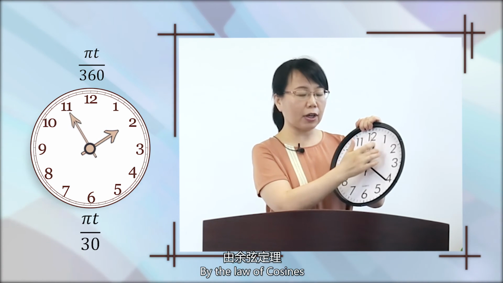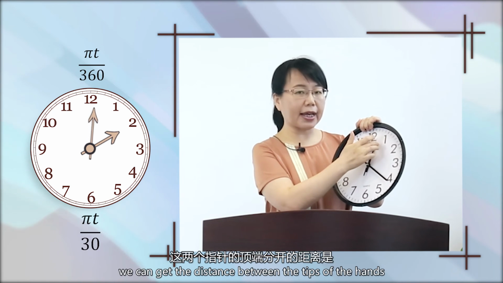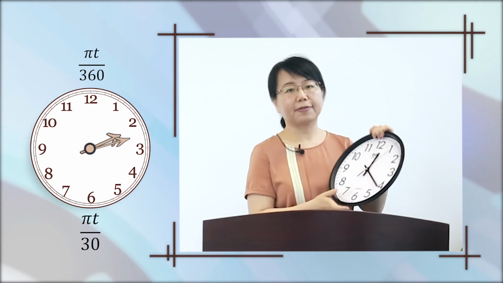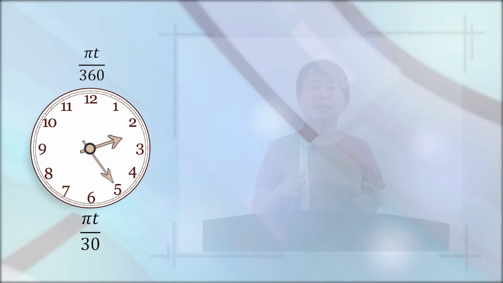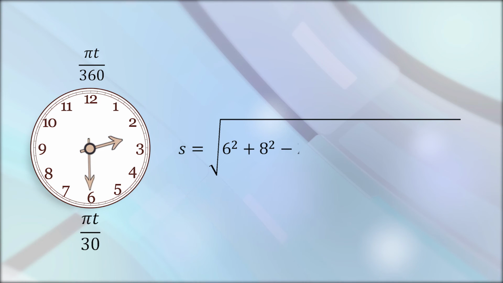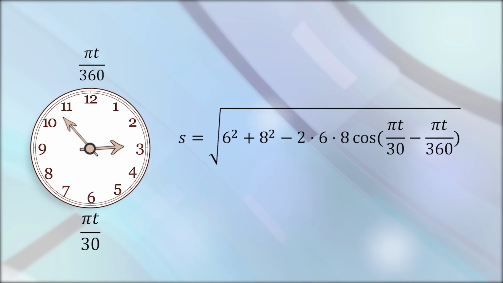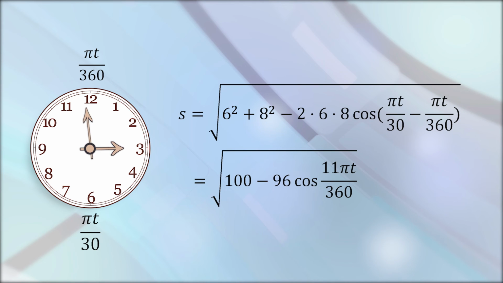Thus, by the law of cosines, we can get the distance between the tips of the hands. So the distance is the square root of 6 squared plus 8 squared minus 2 times 6 times 8 cosine of pi t over 30 minus pi t over 360. Again, we can apply the chain rule.